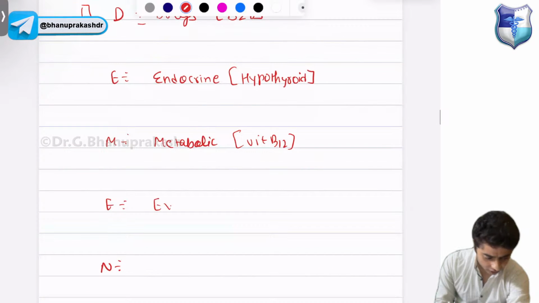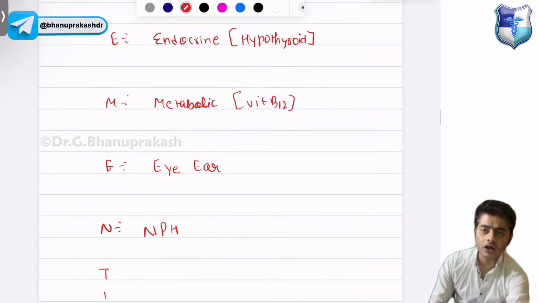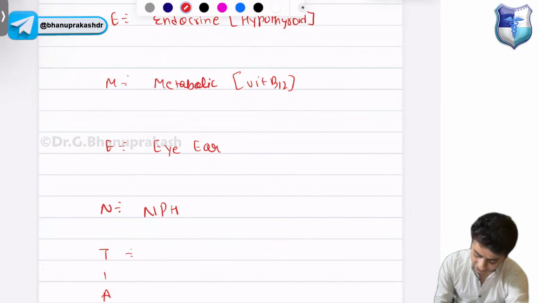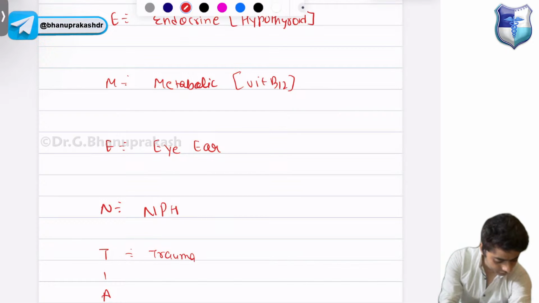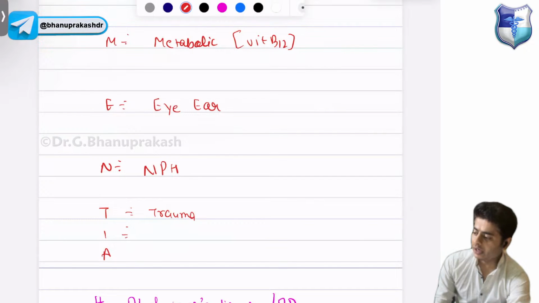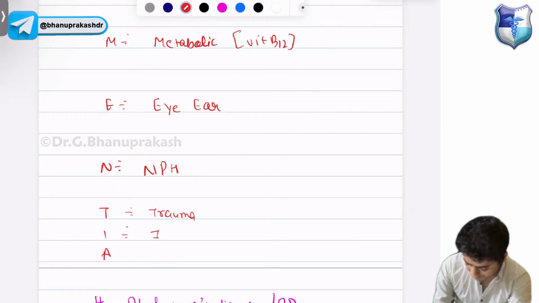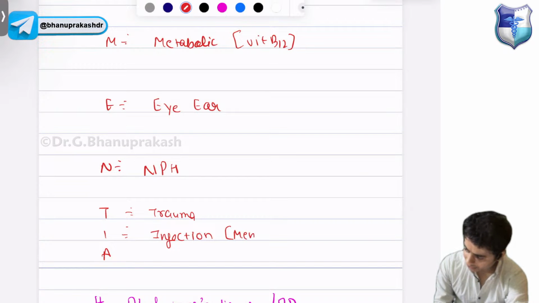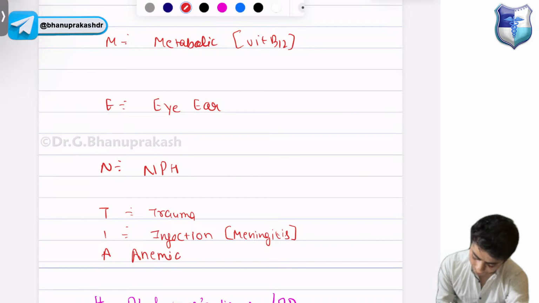E stands for eye and ear. N stands for NPH, normal pressure hydrocephalus. T stands for trauma, and I stands for infections like meningitis, and A stands for anemia.